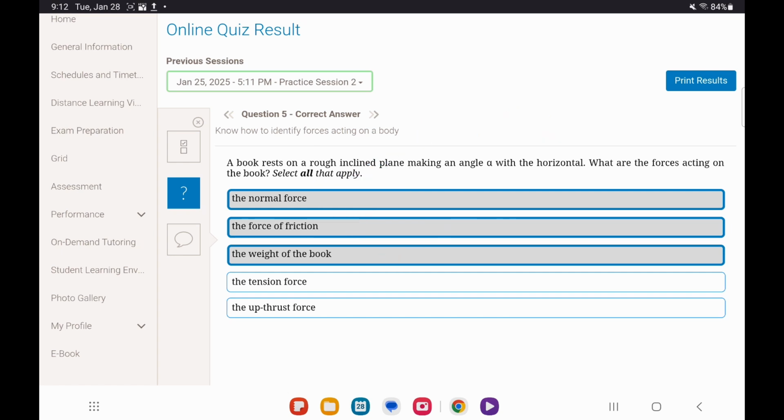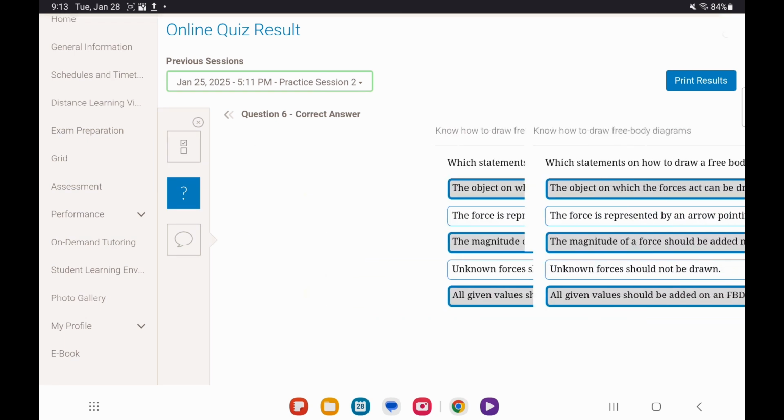And tension, no, we don't have it. It isn't hanging by something. The keywords for tension are cord, hanging, rope, any of these hanging things. And then upthrust is for fluids or liquids.